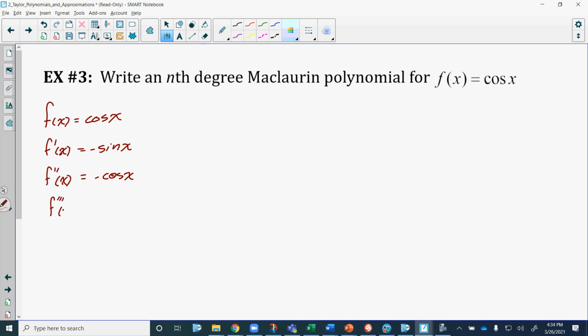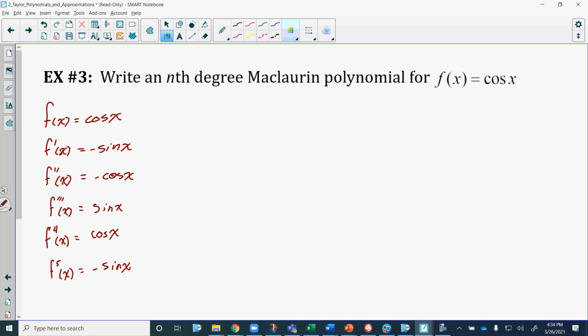The third derivative gets me back to sine of x, positive. When I get to my fourth derivative, we're at cosine of x, so we're back to where we originally started. And the fifth derivative gets me negative sine of x.